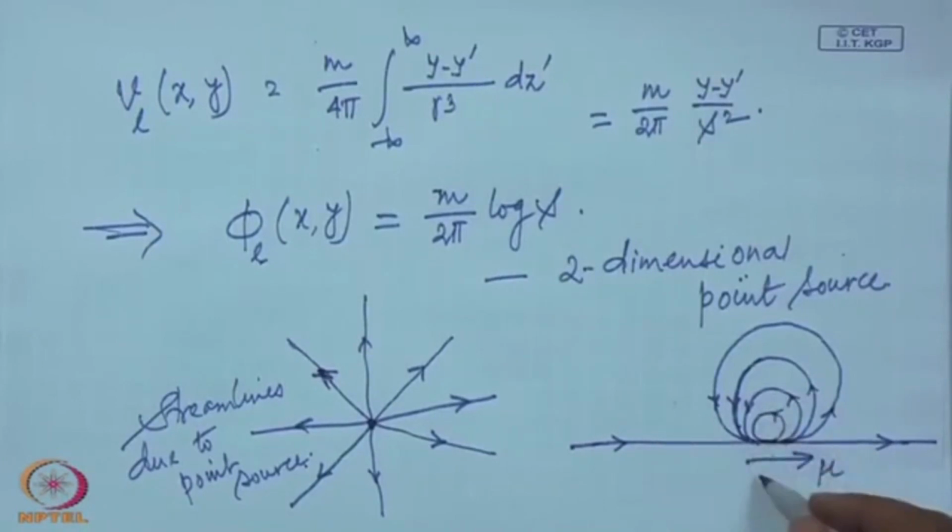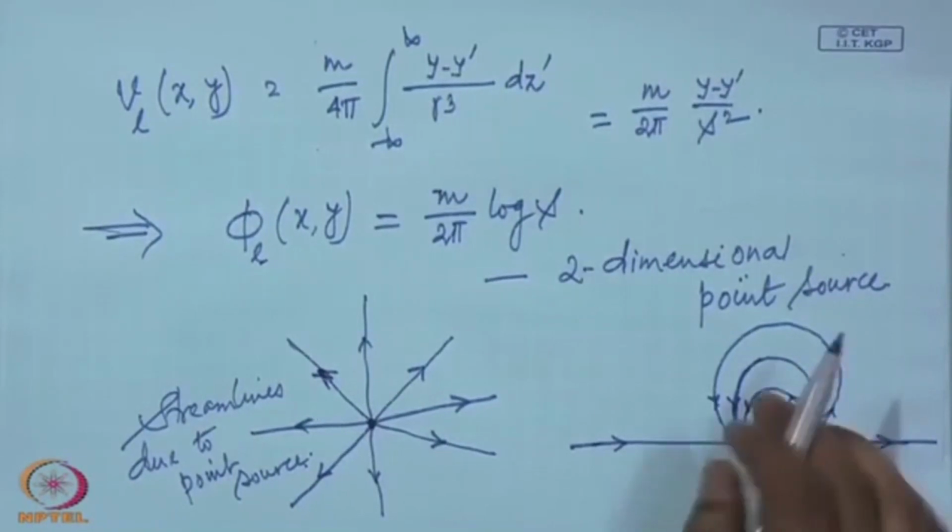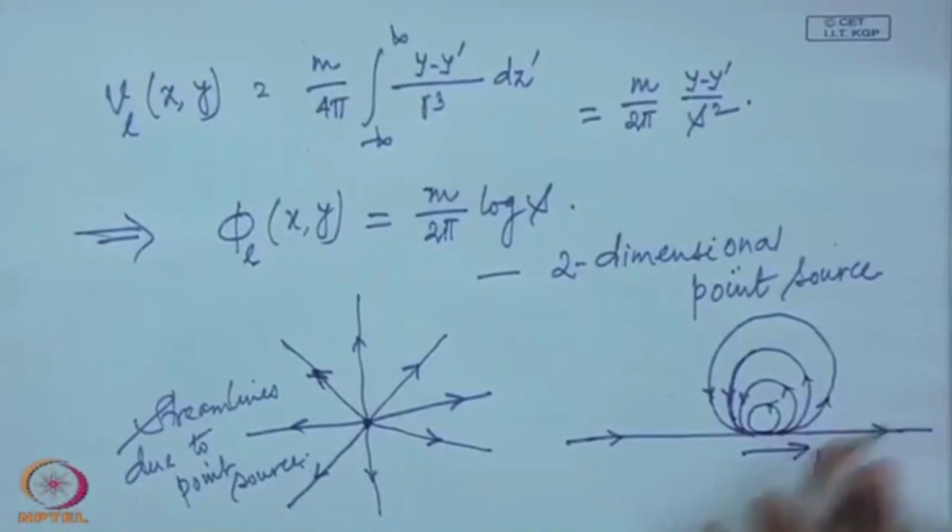There will be a similar set of lines on the bottom half also. I am showing only one half. This is symmetric about this line.